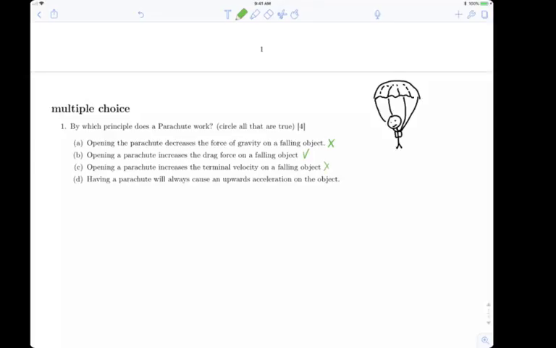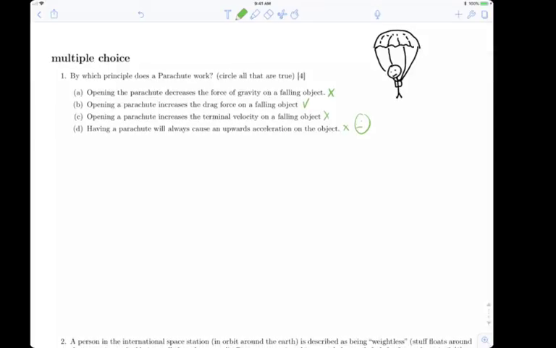Having a parachute will always cause upward acceleration on the object. No, this one is not true. Let me explain why. So three different possibilities, let's say.